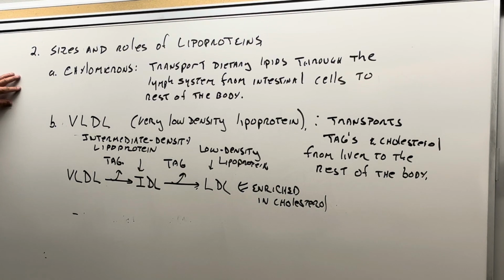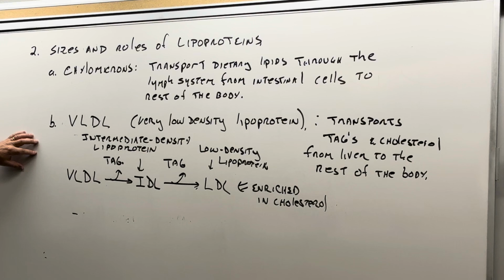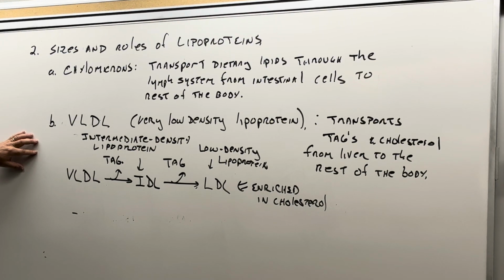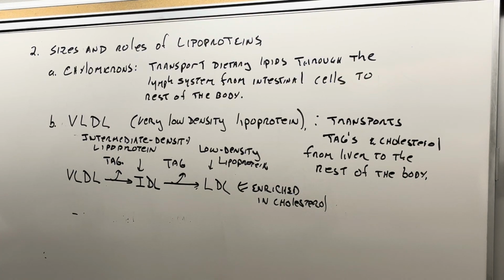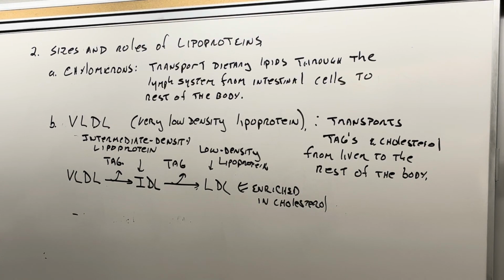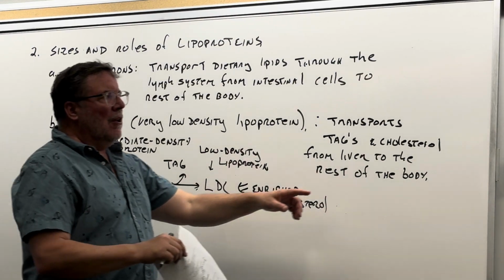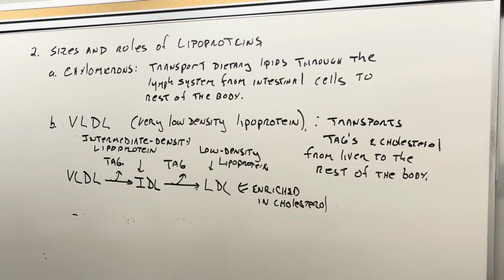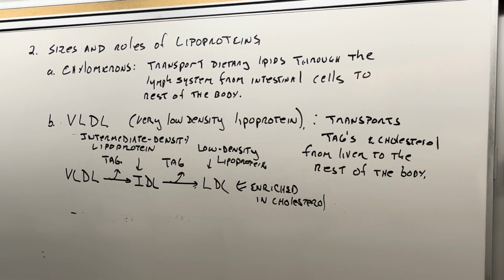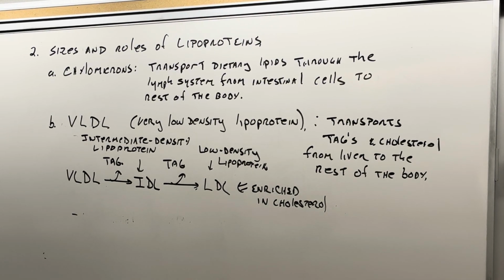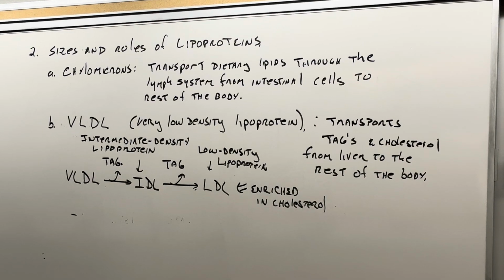So this is transport of dietary lipids, and this is the transport of lipids that are made in the liver. You start out with VLDL, and as you have more fats in the middle of your lipoprotein, the density goes down. When it starts out as VLDL, there's a lot of TAGs, but as they go down, it gets smaller and the density goes up.